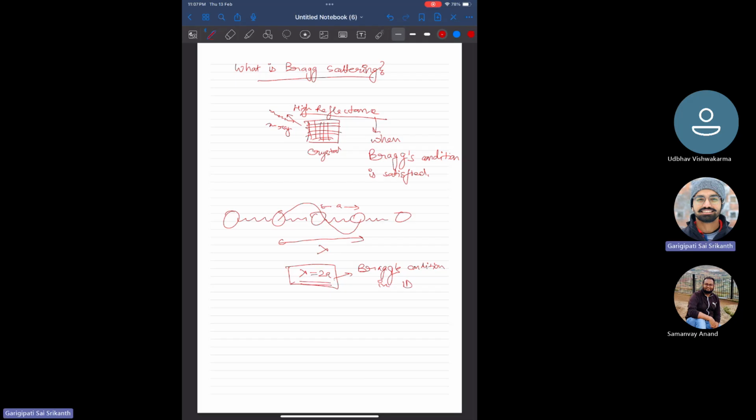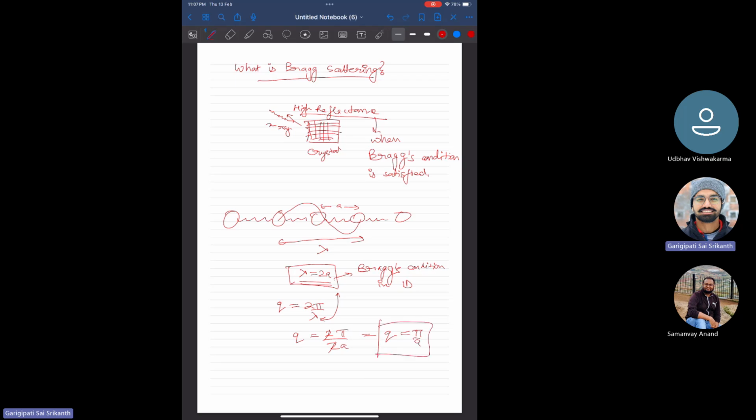Right, so lambda is equal to 2a. What does that tell us? We know that q is equal to 2 pi by lambda. Let's find out at what q Bragg's condition takes place. If you substitute, then you get q is equal to 2 pi by 2a, which basically means q is equal to pi by a.